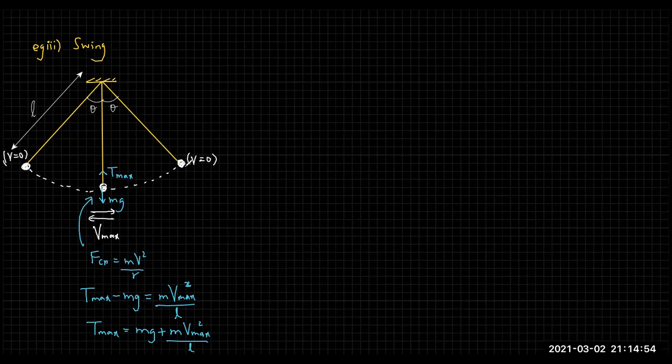What about this point then? When the object is swinging like this, definitely there will be a tension here. It will be taut. So I'll mark that tension as T, and there will be mg acting here. If this is theta, as we have discussed before, this is also theta.